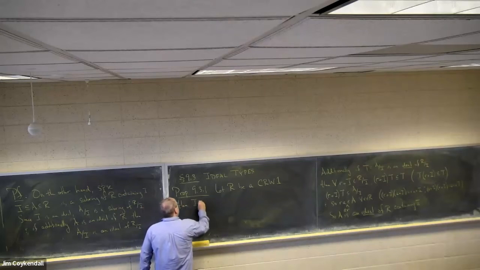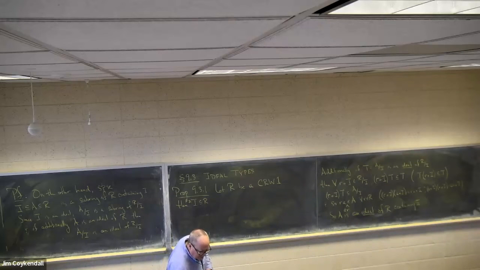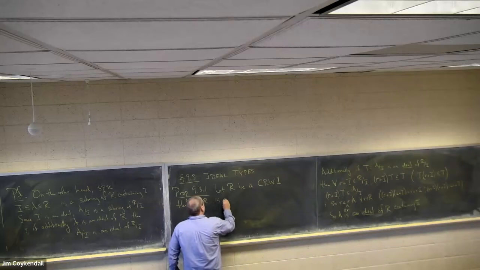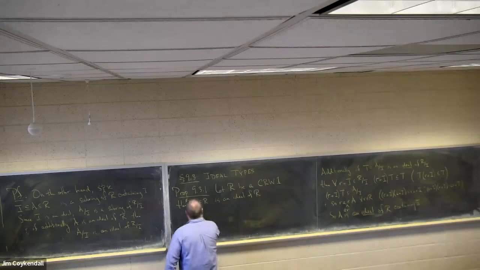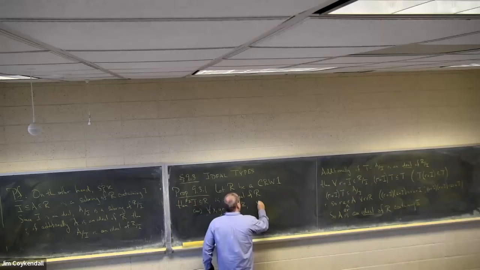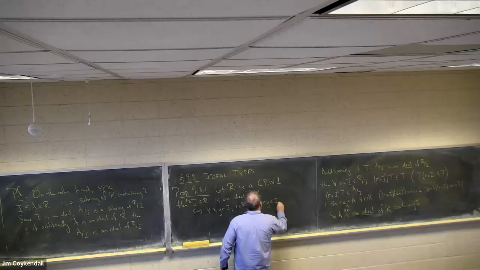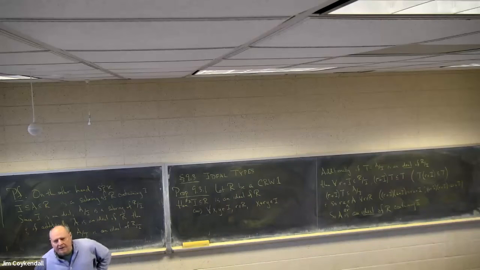Let I in R be a non-empty subset. Then I is an ideal of R if and only if for all x, y in I and r in R, x plus r y is in I. I hope you will find this reminiscent of the subgroup criterion.